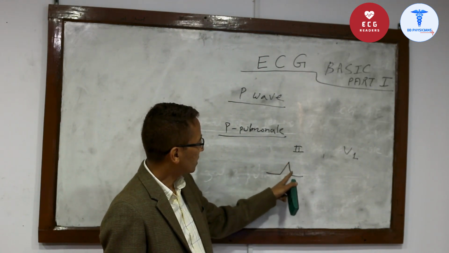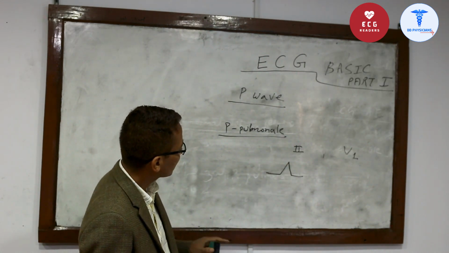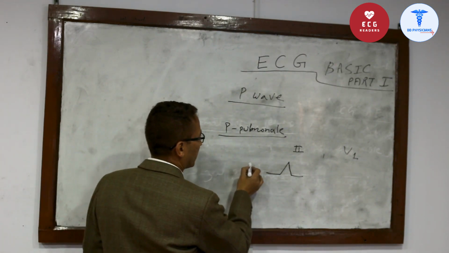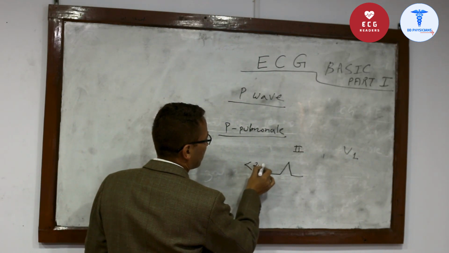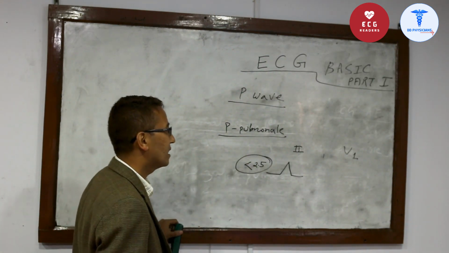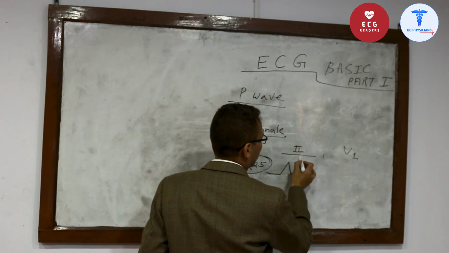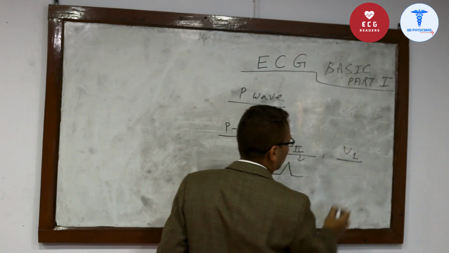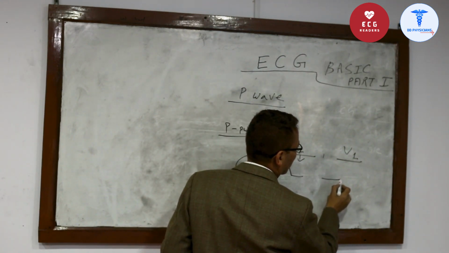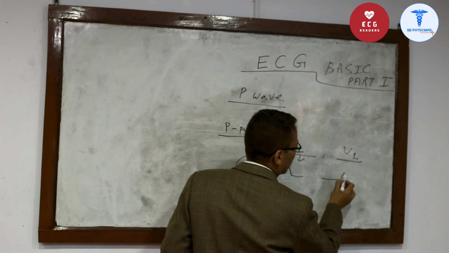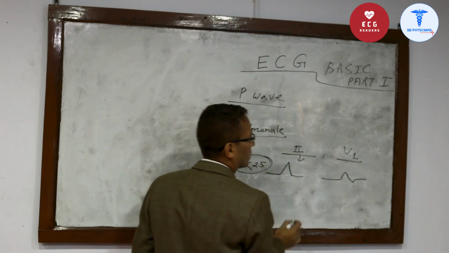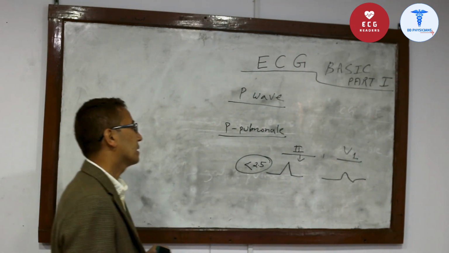It looks like a mountain, and its height is more than 2.5 small squares, that is, more than 2.5 millimeter. In lead 1, the initial component of the P wave is greater than the terminal negative component.